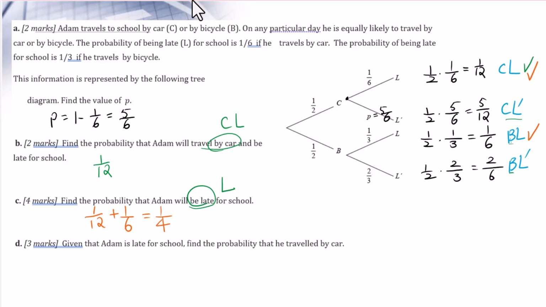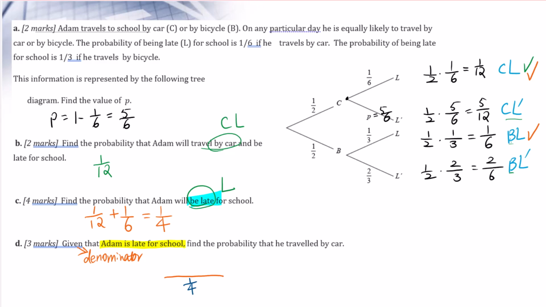D. Given that Adam is late for school, we go to the denominator, which means 1/4 is the probability of being late. Go to denominator, 1/4. Find the probability that he traveled by car.